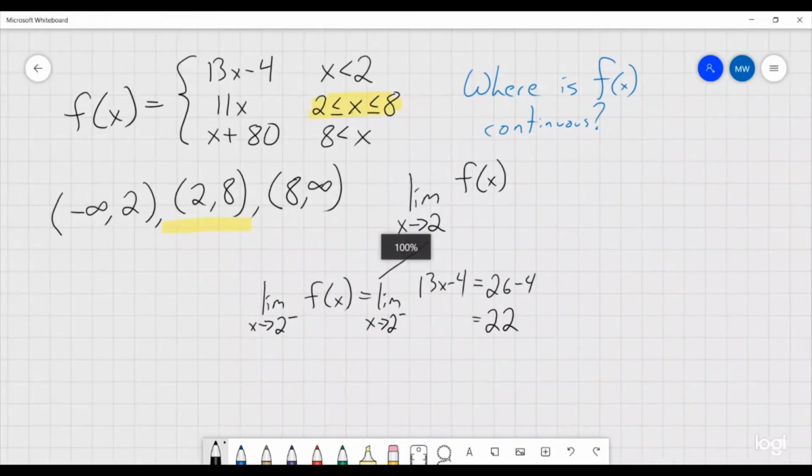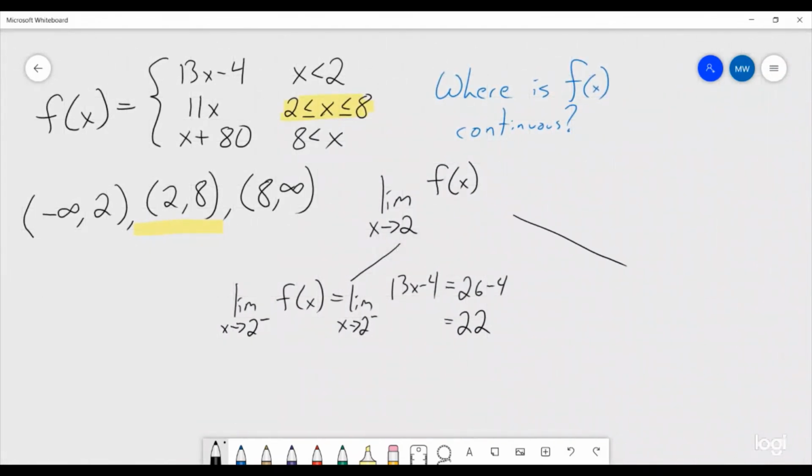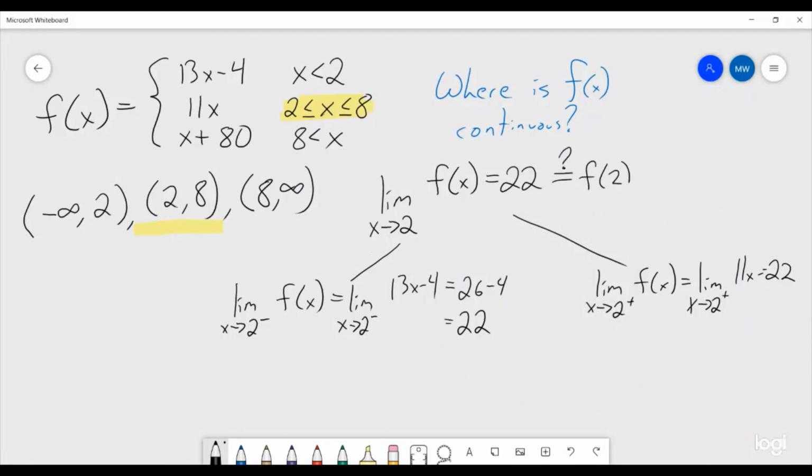If we then look at the limit as x goes to 2 from the right of f of x, that's going to be the limit as x goes to 2 from the right of 11x, which in this case is also 22. So this limit is the same from both sides. That means the limit is equal to 22, and now we check, is that equal to f of 2? Well, f of 2 is 11 times 2, which is 22. Yes. So it is continuous at 2 as well.